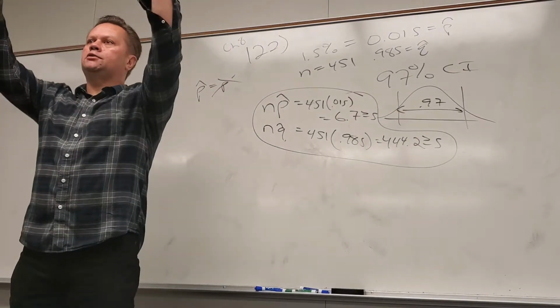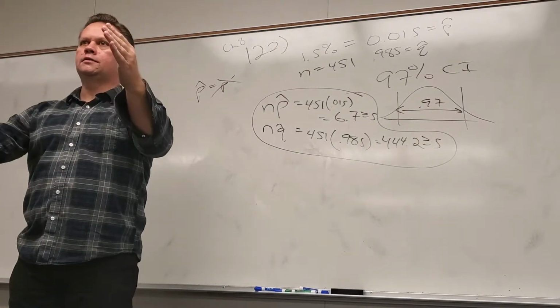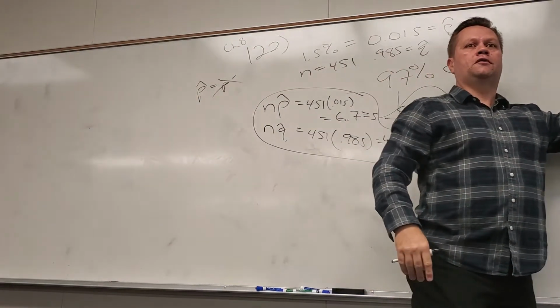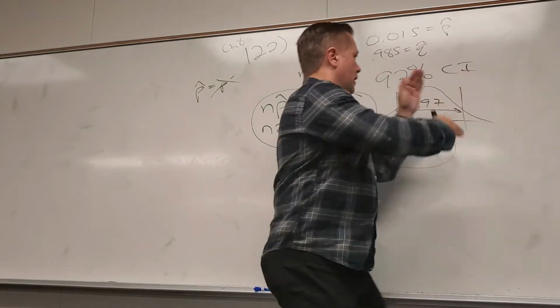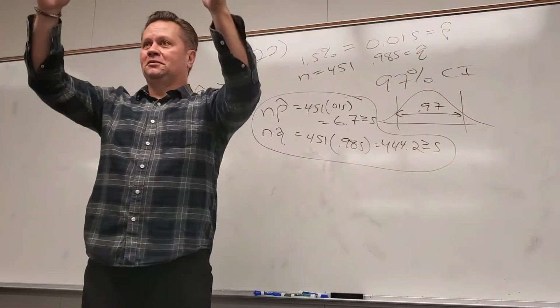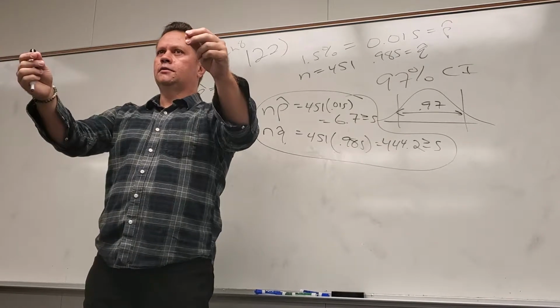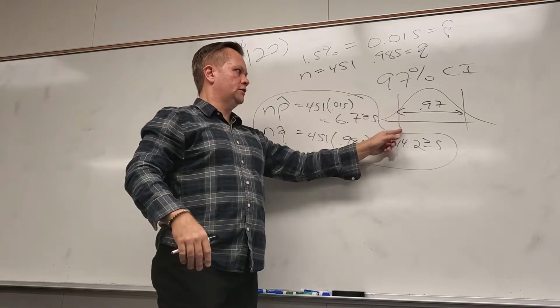Those two lines I drew indicate where the Z-scores are. What's the only thing I don't know so far? The Z-score. The two lines I just drew are the Z-scores. So how do I find this Z-score right here?